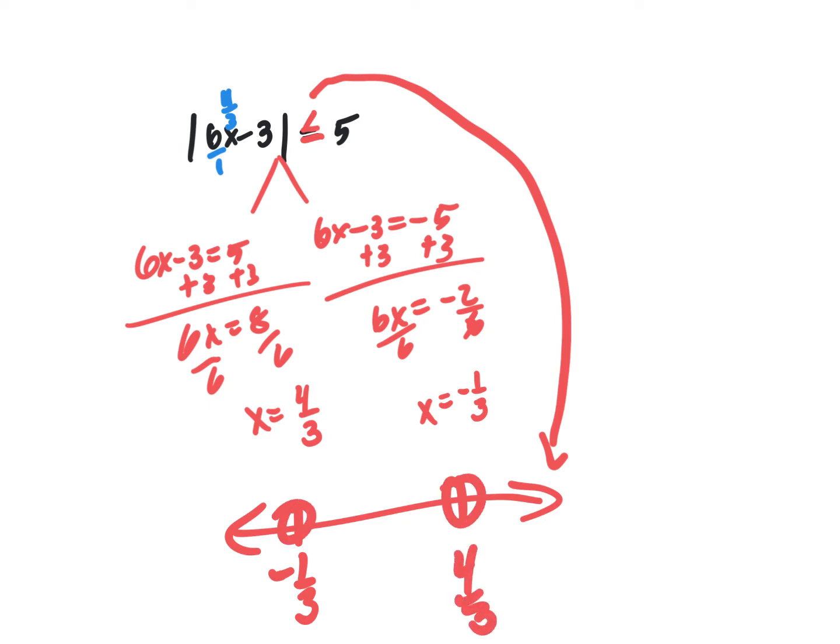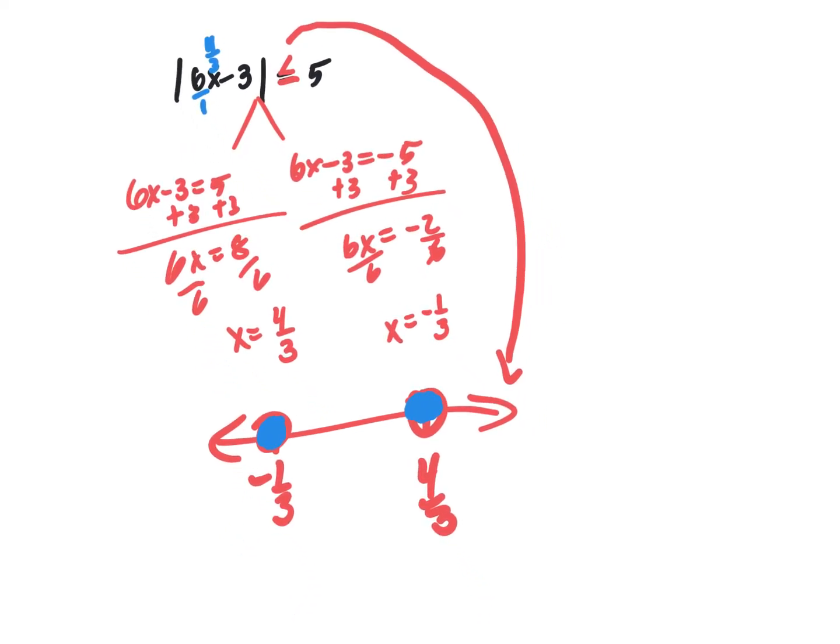Empty circles, but since it's or equal to, I fill them in. I taught you a different way where you could say this is less than, this is less than, this is less than, and then it switches to greater than and greater than and greater than or equal. You can do it that way, but I also want to talk about testing intervals.